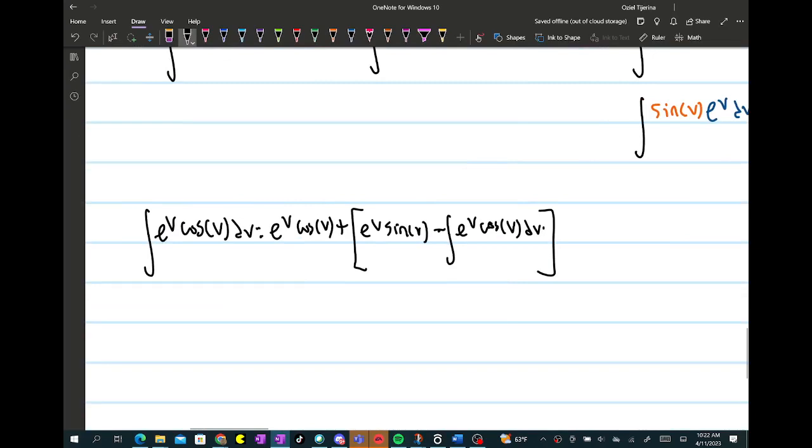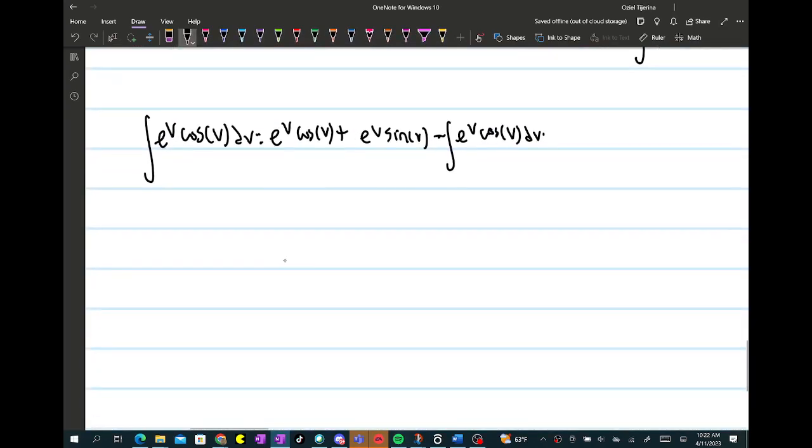So it's this entire thing, and notice that we now have these two things going on where it looks like this, right? So now we can use algebra to solve for the actual integral. I'm going to add the integral of e to the v cosine of v dv on both sides.